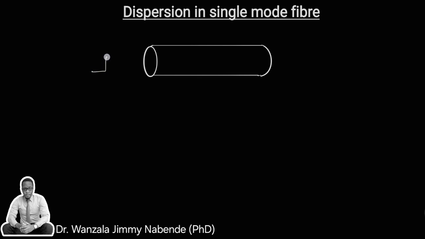As a signal, a perfect signal is transmitted through the fiber optic. It is received as this kind of pulse. There's this broadening. So the pulse is broadened as it passes through the fiber optic.